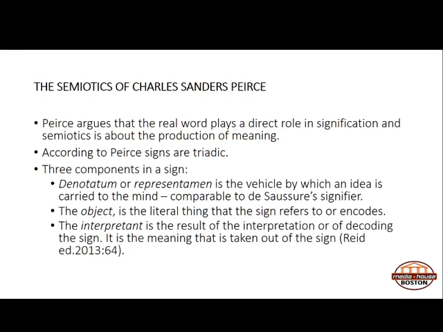We're looking at it in terms of pictures or words or sounds, but in actual fact, the way that Peirce approaches it is he reckons it can be anything that carries an idea to the mind. It can even be a smell, or the background noise in a theater. Anything can be a denotatum or a representamen.